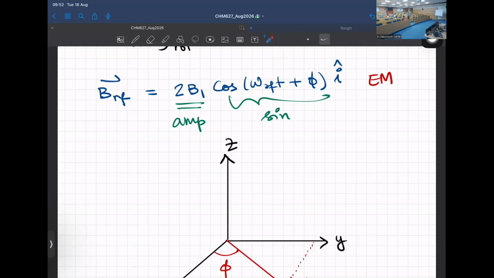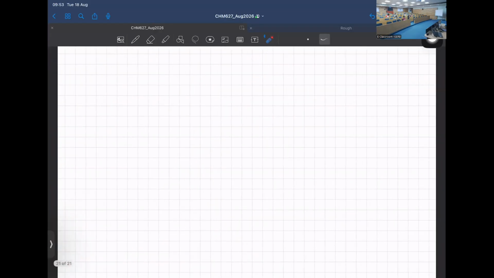Else they'll be ineffective. Let's say this component did not exist. Your pulse will not affect any changes of population, will not create any coherence, phase coherence. It'll completely fail. I think this was your question a few classes back. How does it do it? It does it by also running along with itself. Okay, now let's continue further.